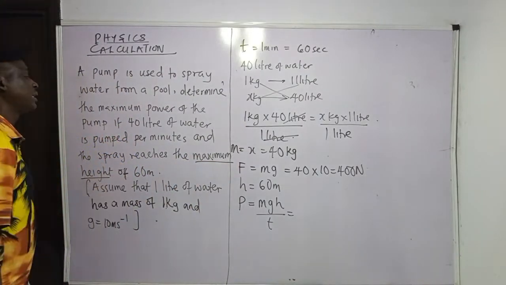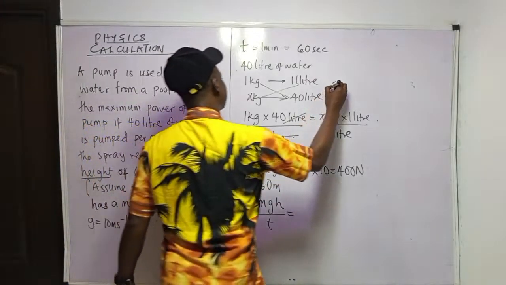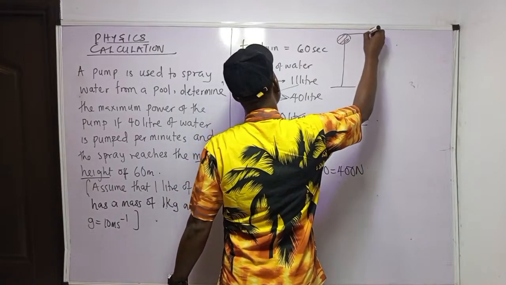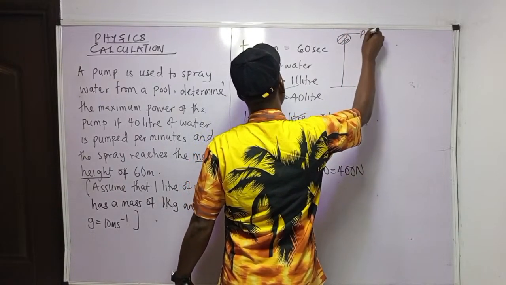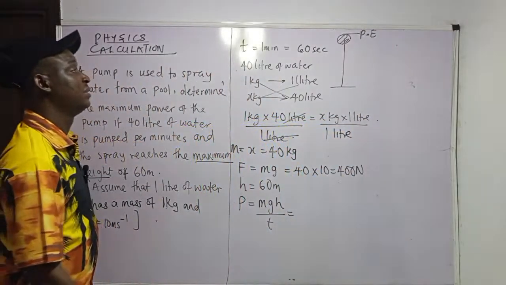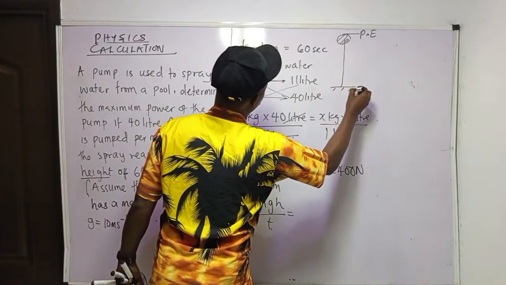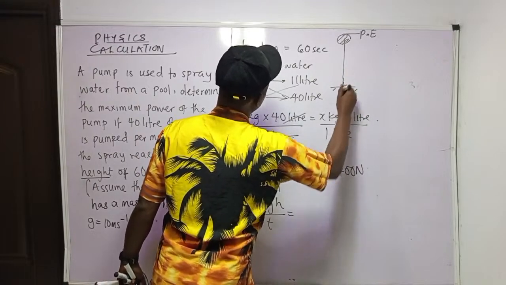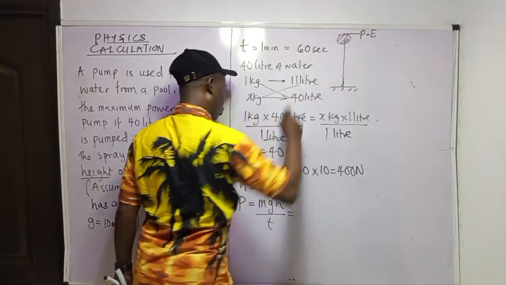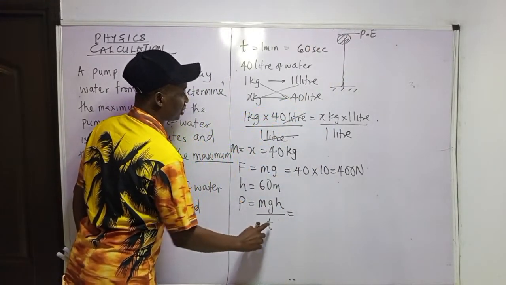Because for it to be pumped to a maximum height, the energy possessed by a body at the maximum height is what we call the potential energy. And the power at that point is mgh over t.